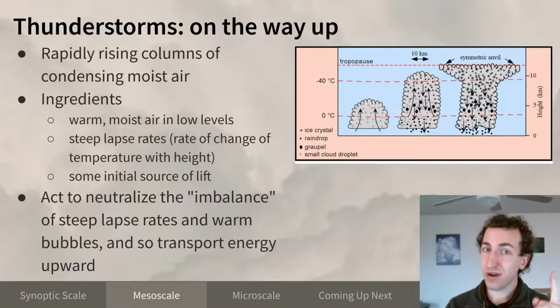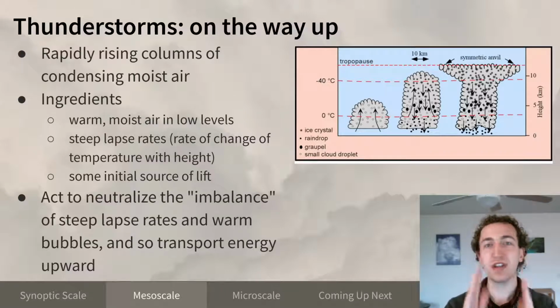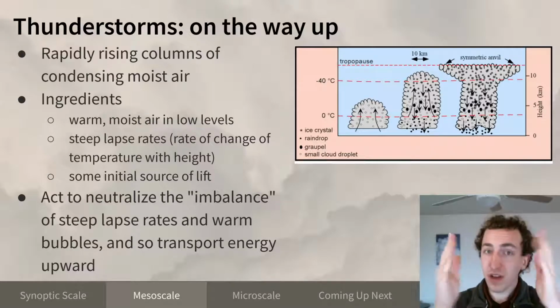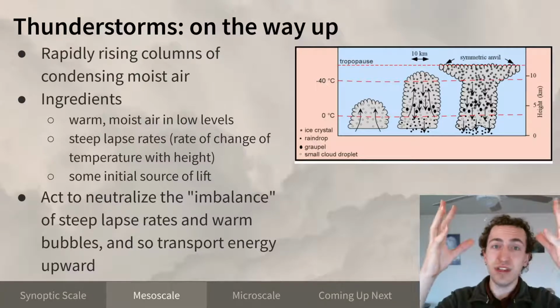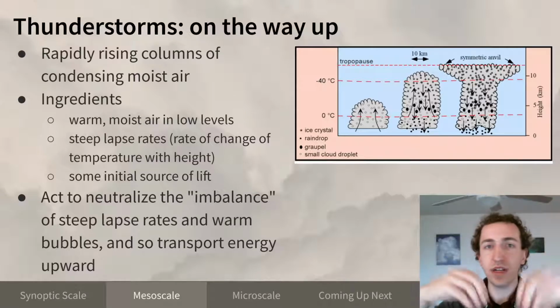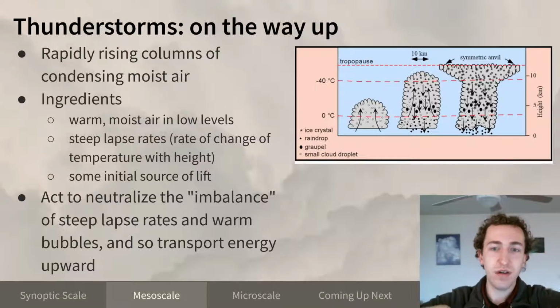The thunder part comes from lightning and the charges created by this rapid movement of this ice and rain. But then we also get precipitation because there's so much of it that condenses or deposits out into either liquid or solid precipitation. It has to go somewhere and it falls down.